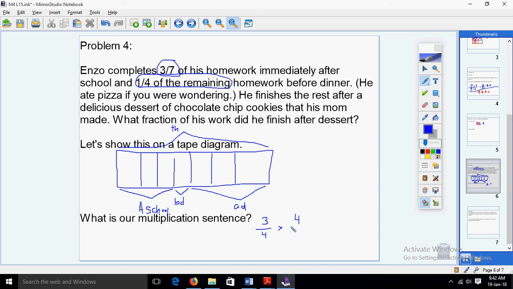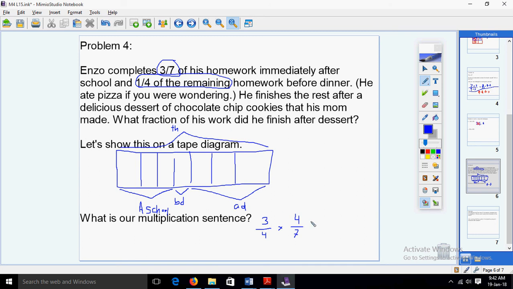You might be asking, why are we doing 3/4? Well, because we were trying to figure out how much he did after dessert, and the clue comes here, the remaining. We're not looking at 1/4 of it, we're looking at the remaining.